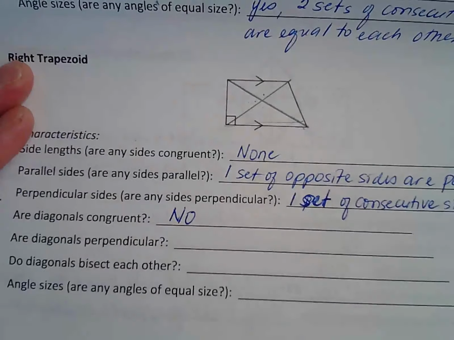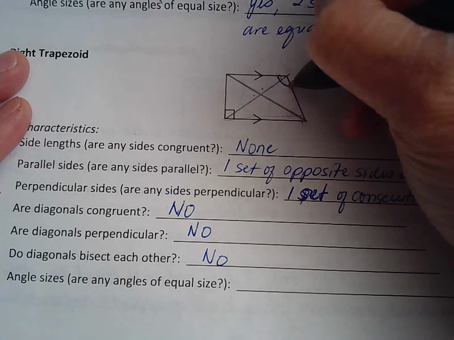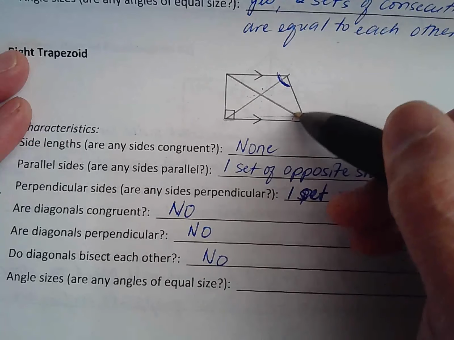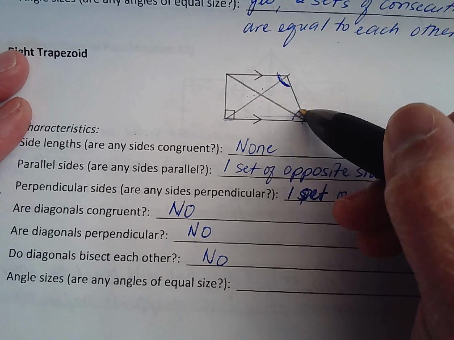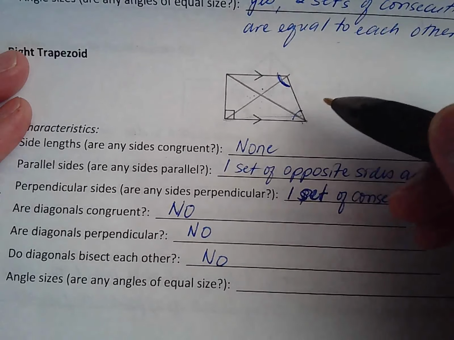So this is 90. Do you think this is less than 90, or more than 90? More than 90, right? Can you see it's more than 90? What about this one? Is this 90, more than 90, or less than 90? Less? Is everybody okay?